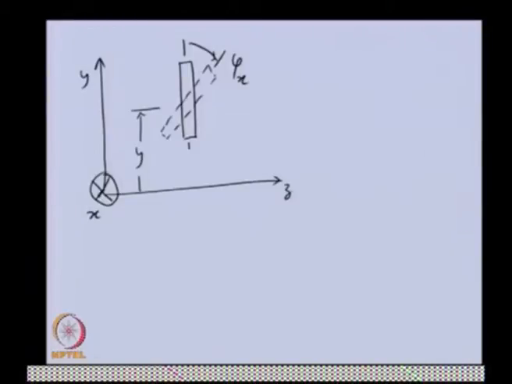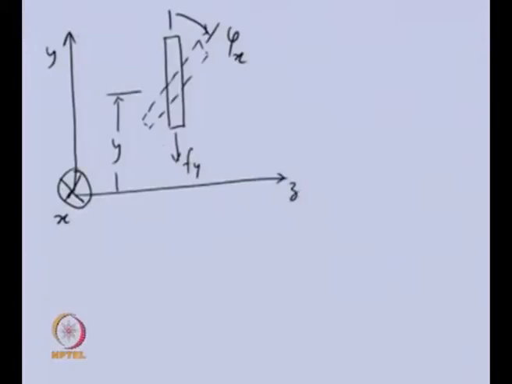Because of these displacements from the shaft, we will have an elastic reaction force. Apart from that, we will have a reaction moment from the shaft, that will be yz. Now we can write the force balance. The external force should be equal to the inertia of the disc in y direction.